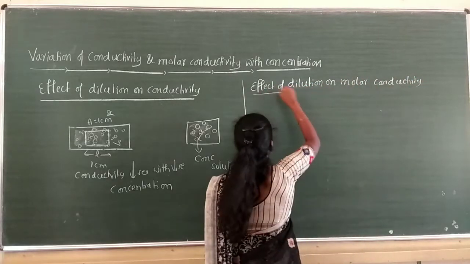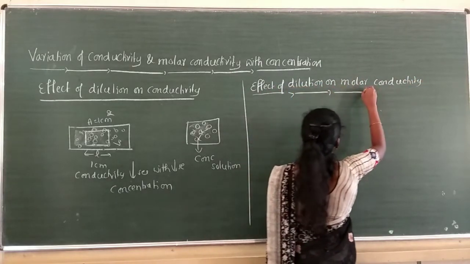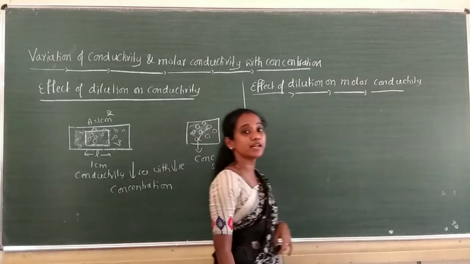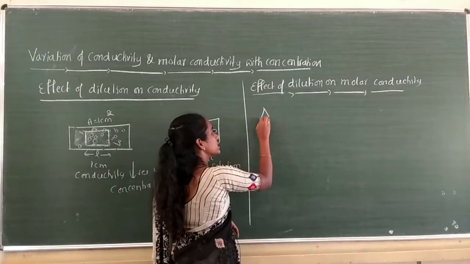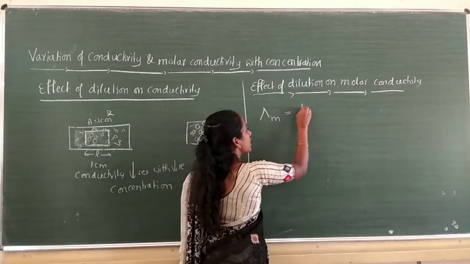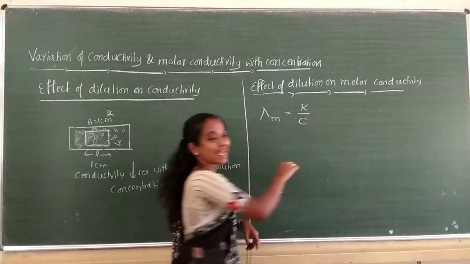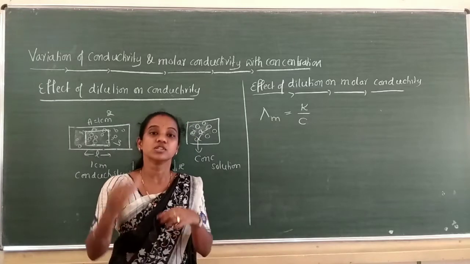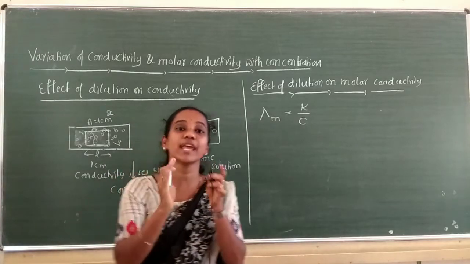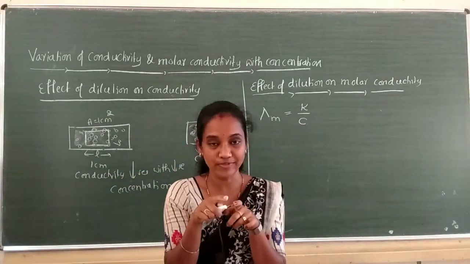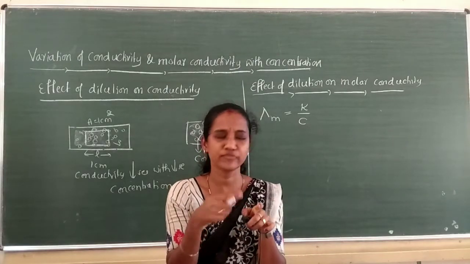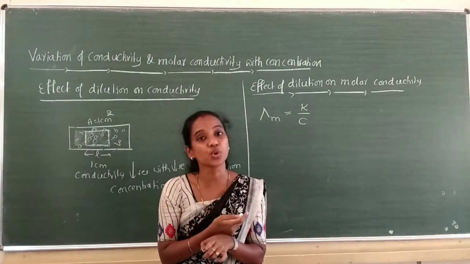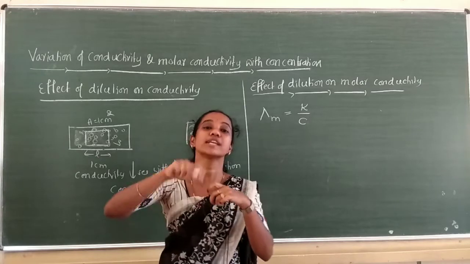Okay, so let us discuss the effect of dilution on molar conductivity. Molar conductivity is given by the formula K by C, where K stands for conductivity and C is the concentration. If you take 1 mole of sodium chloride, what happens on dissociation?